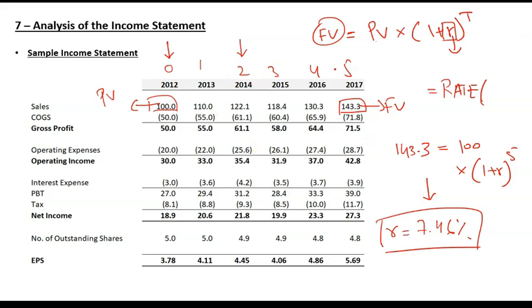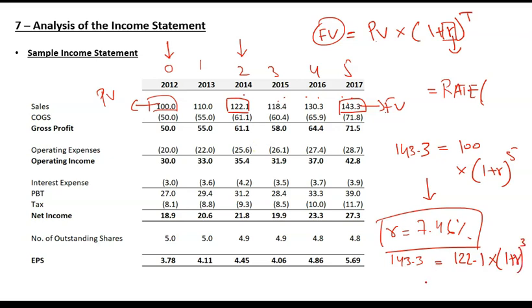To calculate 3-year CAGR, again your future value will be 143.3. Your present value would now be 122.1, because these are 3 years: 0, 1, 2, 3. So present value would be 122.1 multiplied by 1 plus r to the power 3.